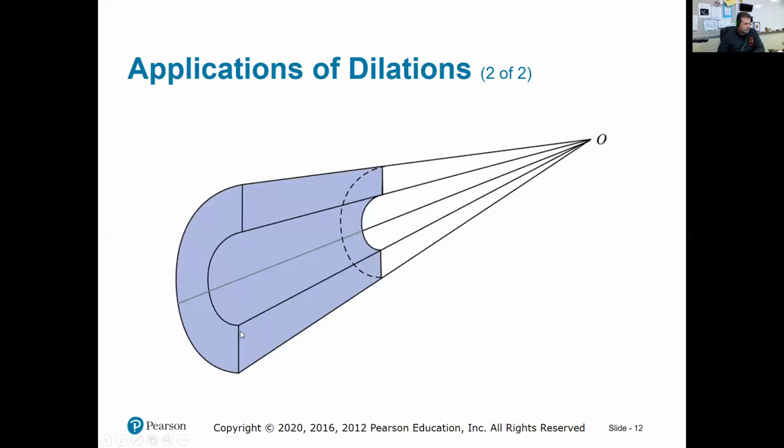Our important points would be here, here, here, here, and here. Then they picked a point right here, and we draw a line to get to here. Straight lines go through.